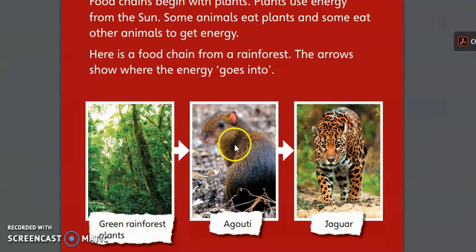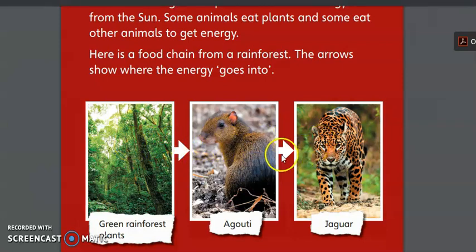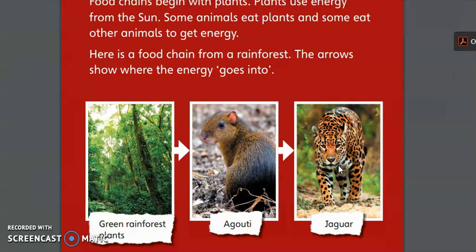So the agouti will eat the plant, okay? This arrow shows that the agouti eats the plant. And then this arrow pointing at the jaguar shows that the jaguar eats the agouti. And the jaguar is a carnivore because it feeds on meat alone, okay?